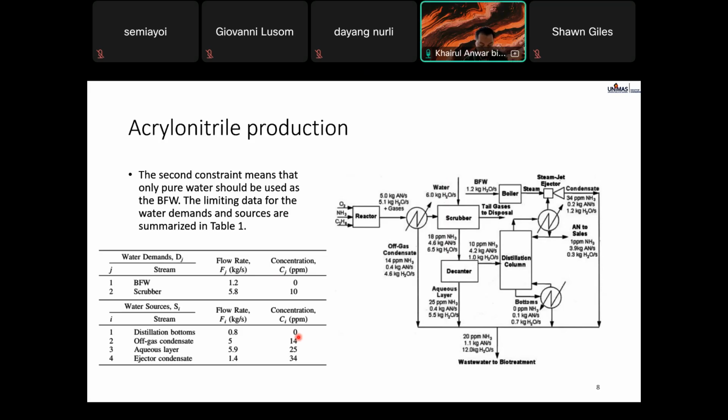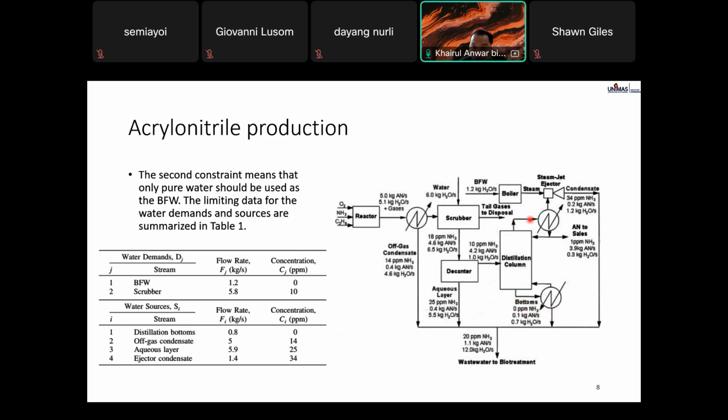Oh, okay. There is no constraint for the bottom distillation column. For the distillation column, the constraint is for the feed. But from here we can see the data: no ammonia is going to the bottom.